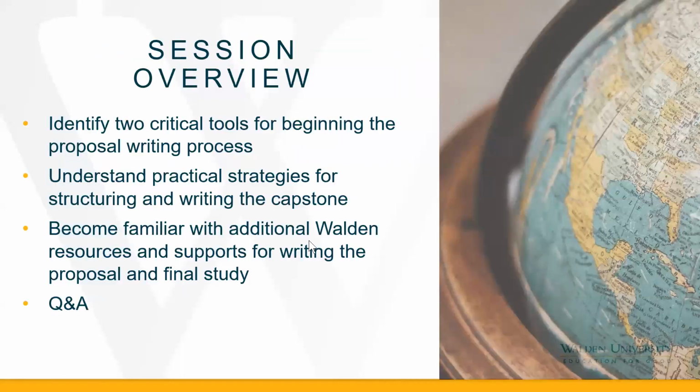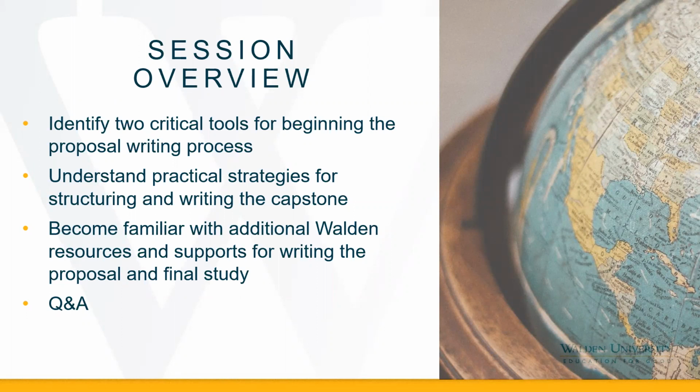So just a quick overview of the content of this session. We're going to talk about what to do after you have that approved prospectus document and how to begin the writing process, because I think that can sometimes be a confusing and difficult step to really get that going, to get the proposal started in a way that is helpful and directed. Toward that, we're going to start this session with talking about what I see as two critical tools that you have for beginning that process and turning that prospectus into the beginnings of your proposal.